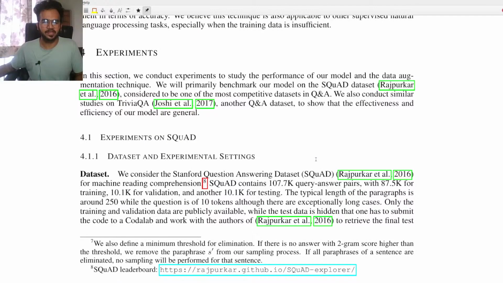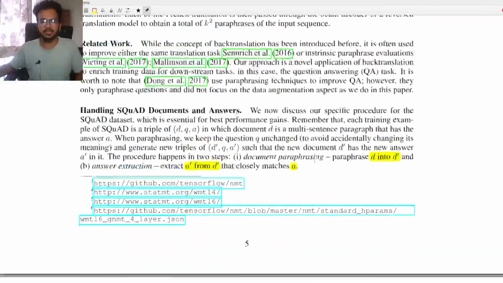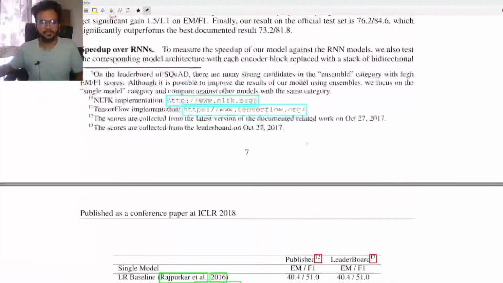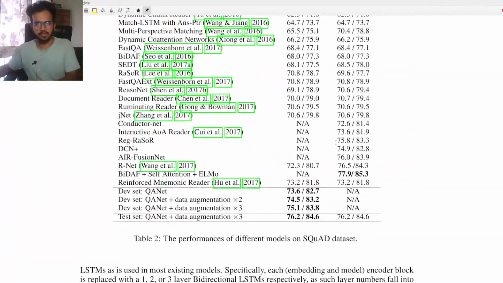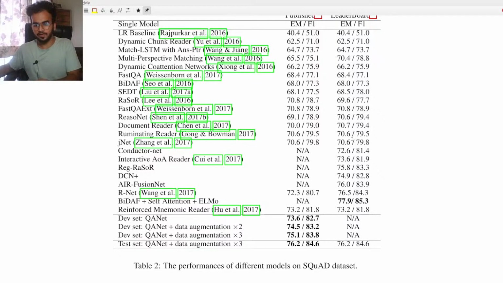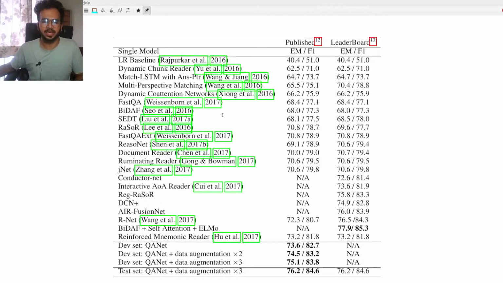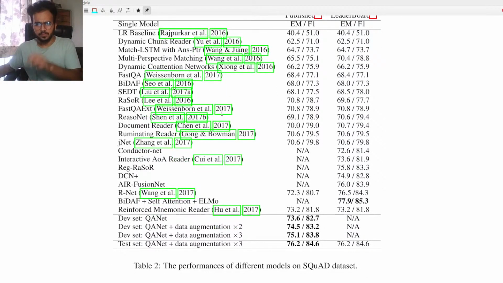They show a couple of experiments on different data sets and the results they have gotten. We'll just look at the performances of different models on the SQuAD dataset and appreciate the EM and F1 that they have achieved. Right about here we have BiDAF, which came out in 2016.